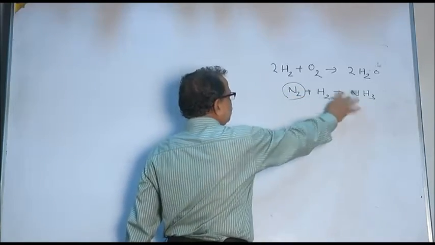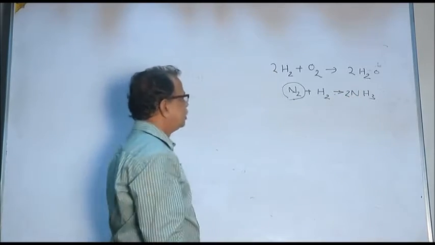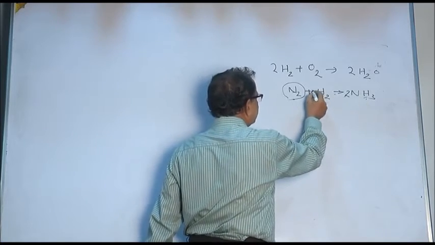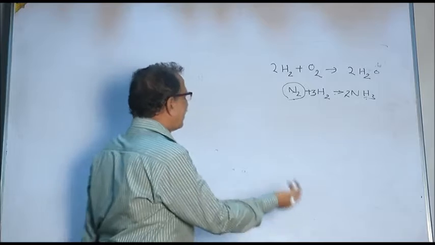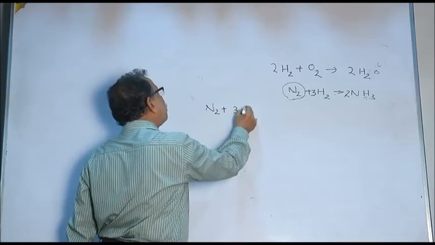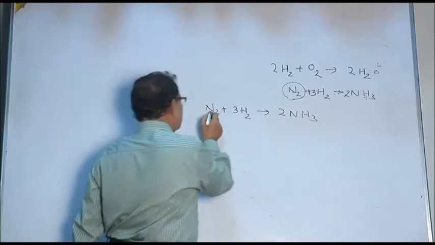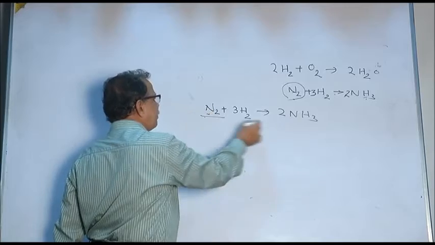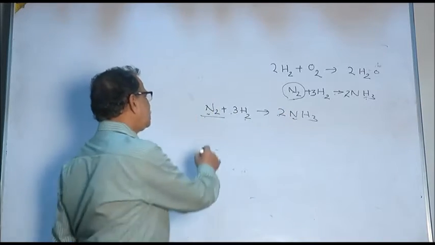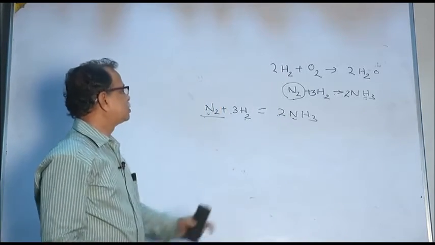Suppose N2 is there, you write 2NH3. 2 into 3 is 6, so we make H2 become 3. Now the balanced equation is N2 plus 3H2 equals 2NH3. By hit and trial, there are 2 N and 2 N, 6 H and 6 H. So this equation is called a balanced equation, hence we write the equal sign.